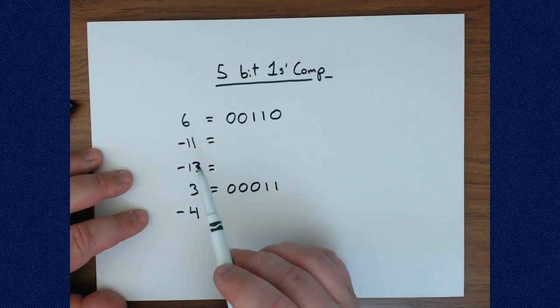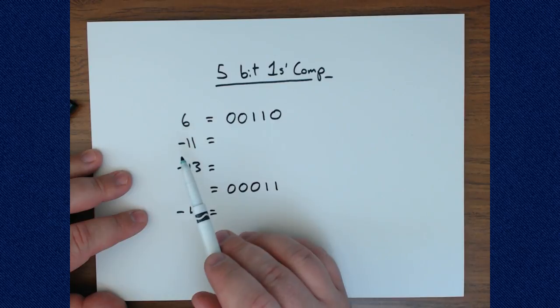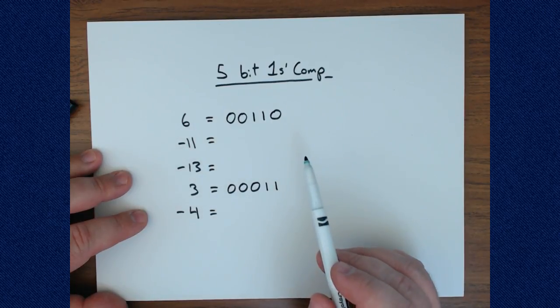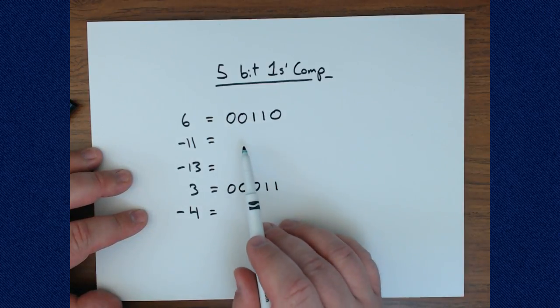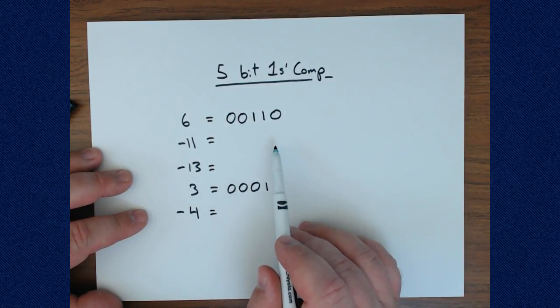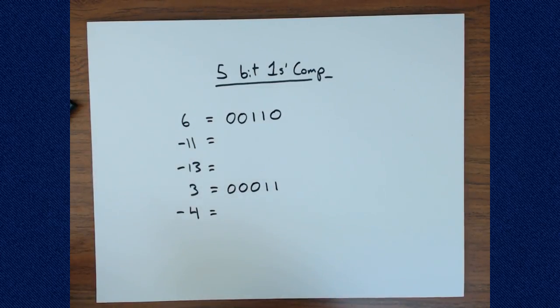It's a little more difficult, however, initially, to figure out how we can just plain write the bit pattern for negative 11. Unlike sign magnitude, we can't just write down the bit pattern for 11 and then put a 1 in front of it to make it negative. Because for one's complement representations, negation involves flipping all the bits.